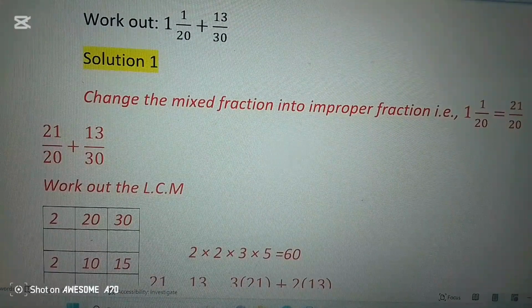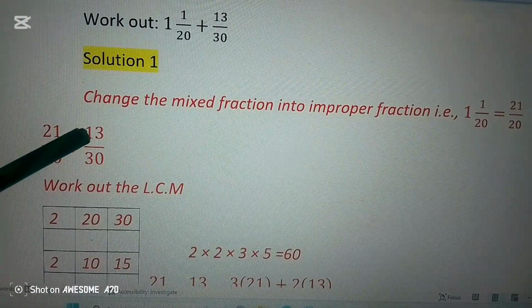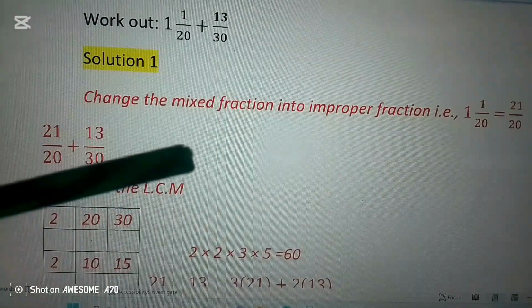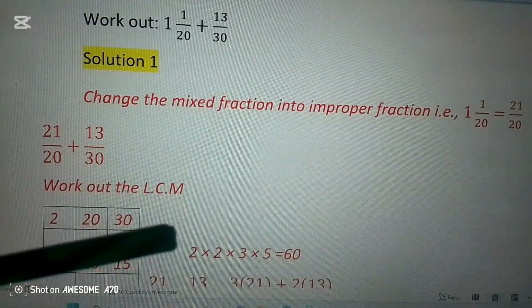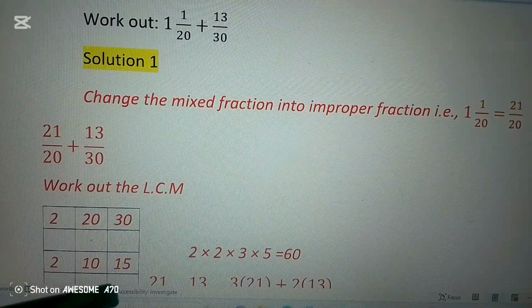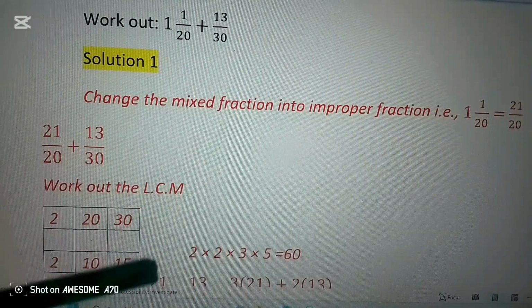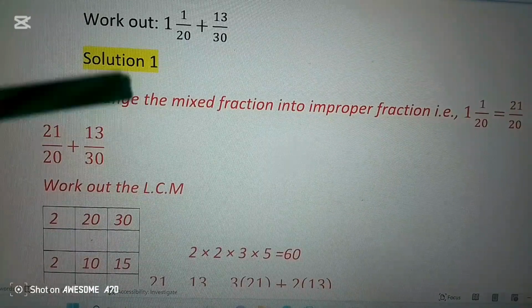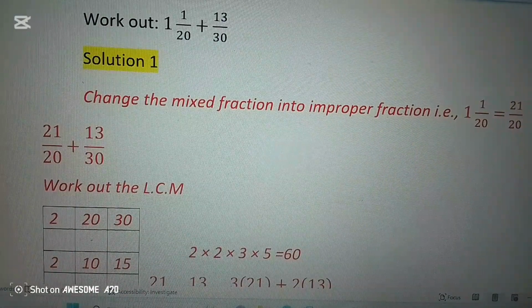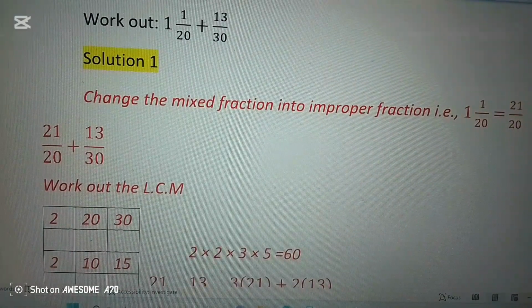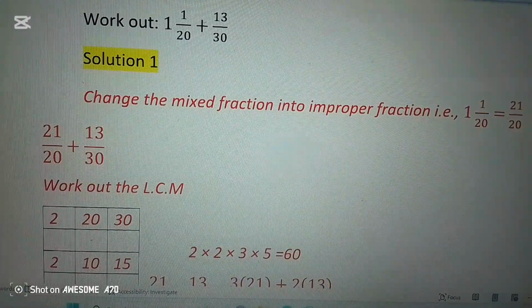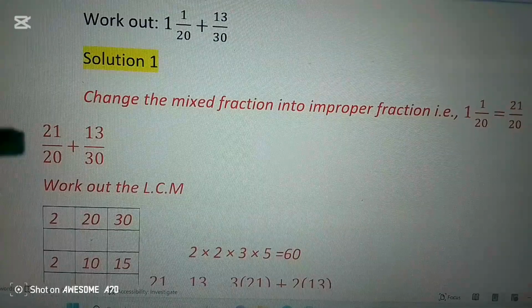How do you change it into improper? The denominator remains constant. If the denominator is 6, it remains 6. If the denominator is 9, it remains 9. Here our denominator is 20, and it will remain 20 when we change it into an improper fraction.